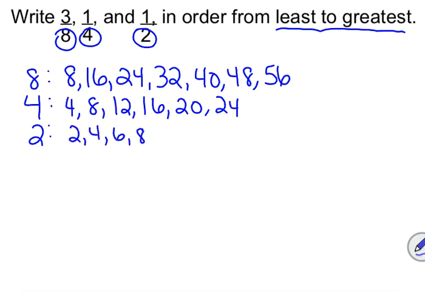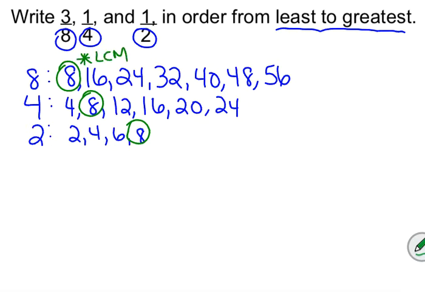Okay, so just looking carefully, I start at my top and I say, here is an 8. Does the multiples of 4 have an 8? Yes. Do the multiples of 2 have an 8? So here I can see that the 8 appears in all three lists. So that's my least common multiple.